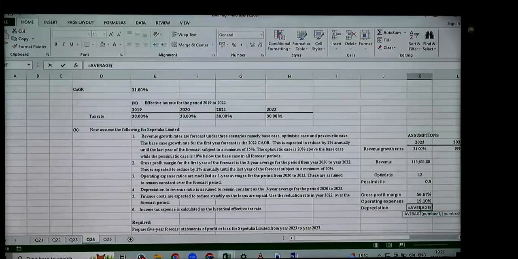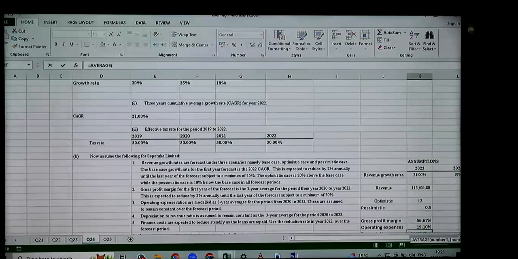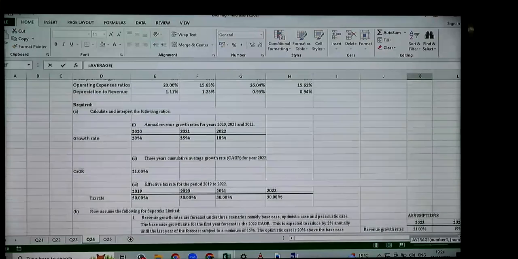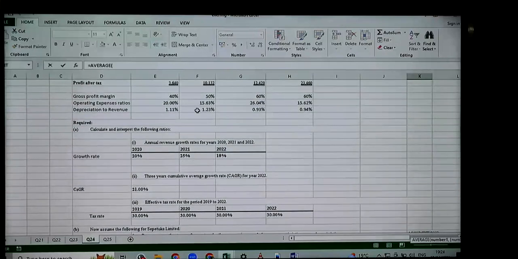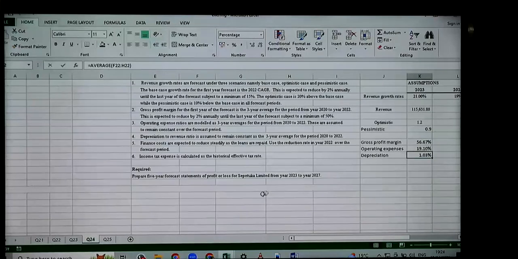I press tab and I go back to take them. Control enter, control backspace to jump to the active cell. And we've been told that this one will remain constant also.